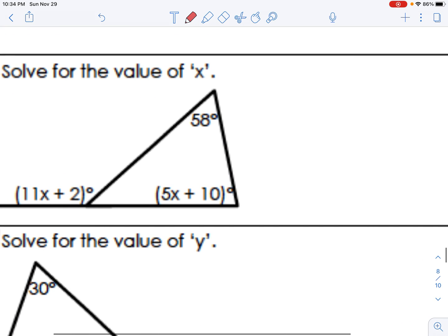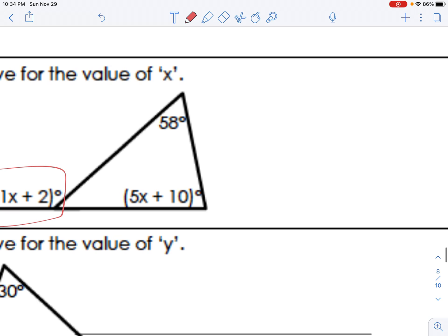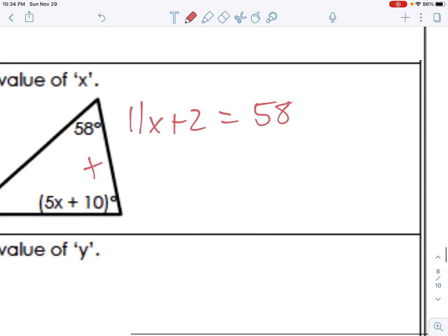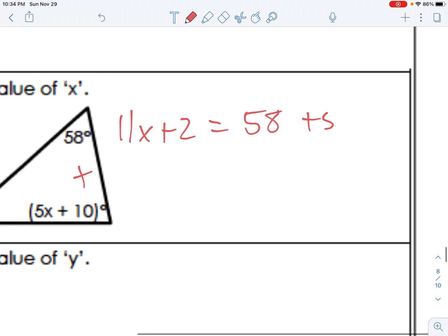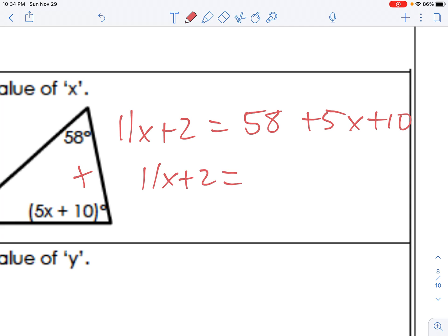Okay, the outside is equal to the inside opposite angles added together. I'm going to collect our like terms. It's going to be 5x plus 68.